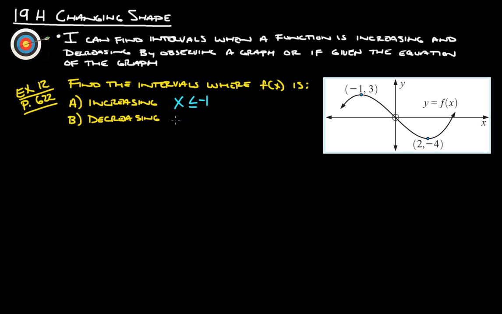So it's decreasing from -1, put the x in the middle, to +2, where x is less than or equal to 2 and x is greater than or equal to -1. And then it goes back to increasing for when x is greater than or equal to 2. All right, and that's all there is to this one.